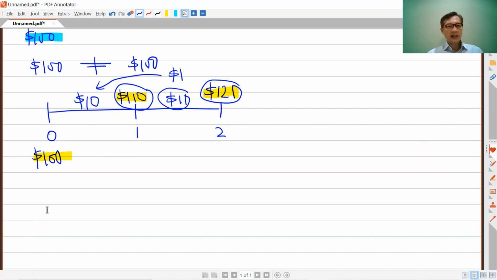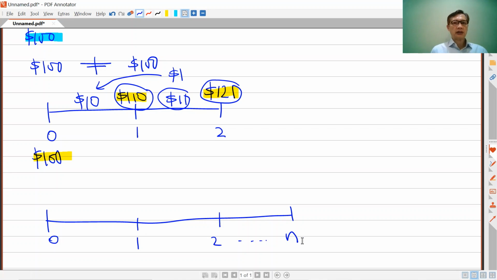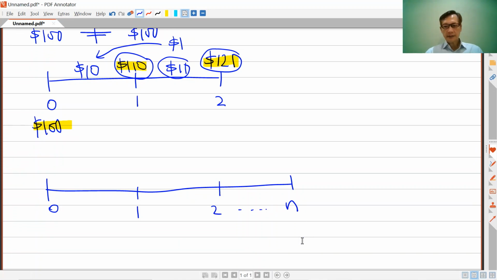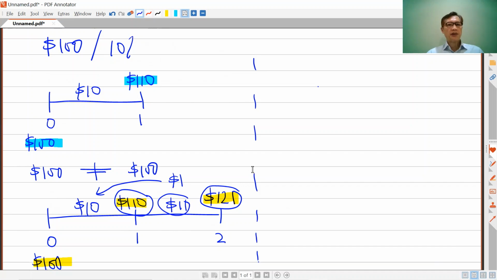So we can extend this process to n years if you want to. So this is 0, that is 1, this is 2, and so on until n years. Then we can come up with a formula. To come up with the formula, let's start with the 1 year. In the first year you have $100 and then plus a $10 interest.